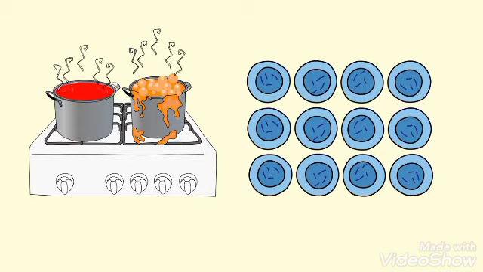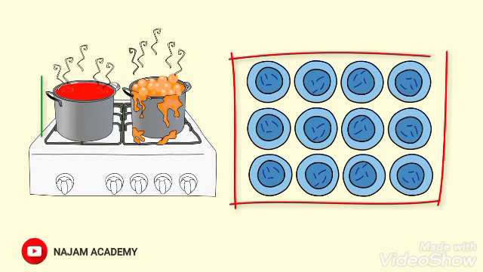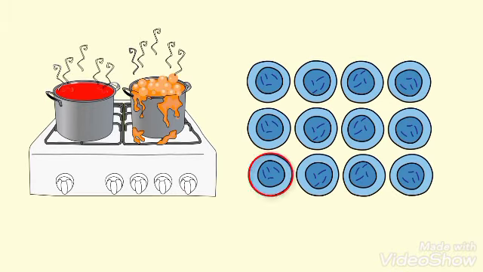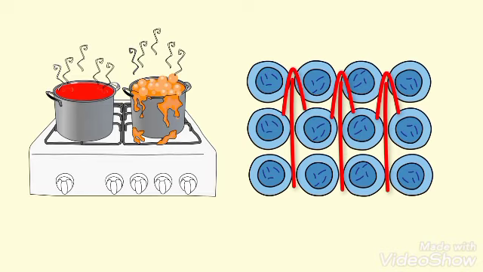When you place this cooking object or pot made up of atoms on fire, the atoms of this object get heat energy and start vibrating vigorously. Now this atom will transfer heat energy to this atom, while this atom will transfer heat energy to this atom. Hence, by this process, energy will start flowing among the atoms and your food will be cooked.